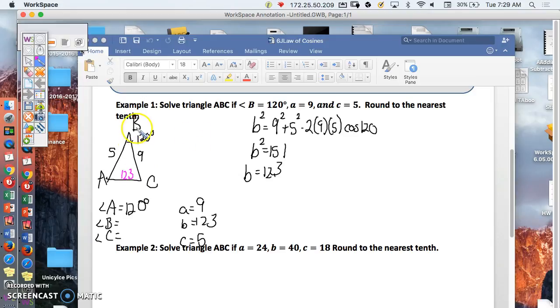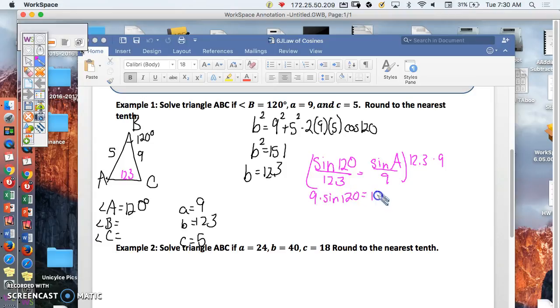But now we can go back and use, we have an angle and the side opposite, so we can use law of sines. The sine of 120 over 12.3 equals, let's say we do the sine of A over 9. So 9 times the sine of 120 equals 12.3 times the sine of A, divide by 12.3.